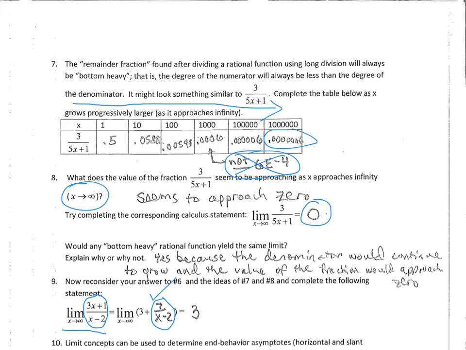So any bottom heavy fraction goes towards 0, and ultimately this would be 3 plus 0, or 3. So that tells us that since we're looking at y, y equals 3 is ultimately going to be a horizontal asymptote.